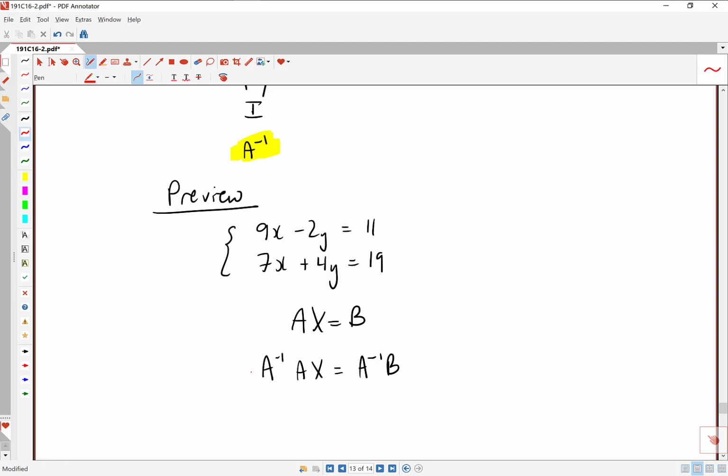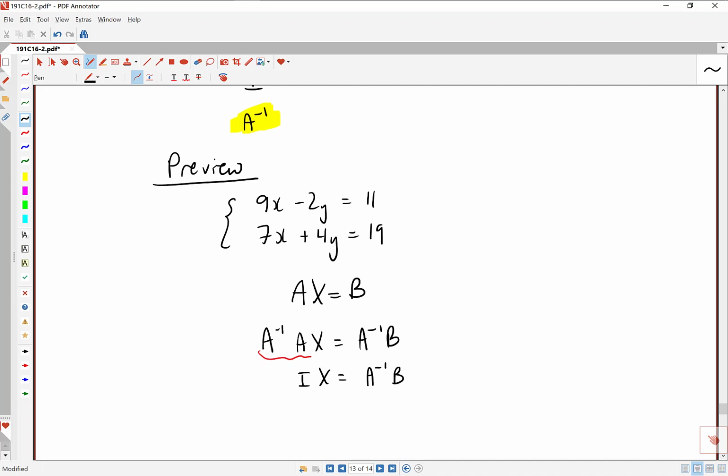And we know that when we multiply a matrix inverse with the original matrix, we get the identity matrix. So that would be giving us Ix equals A inverse times B. And we know also from our discussion about identity matrices that when we take I times any matrix, we just get that original matrix. So this would lead us to x equals A inverse times B.